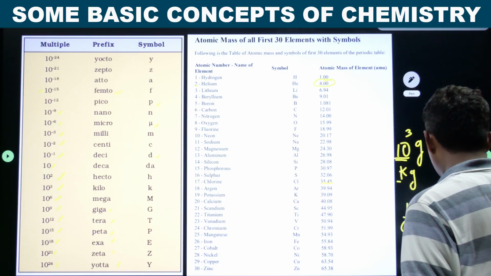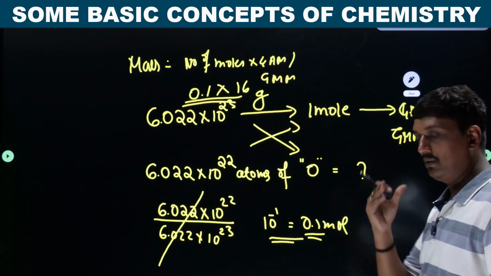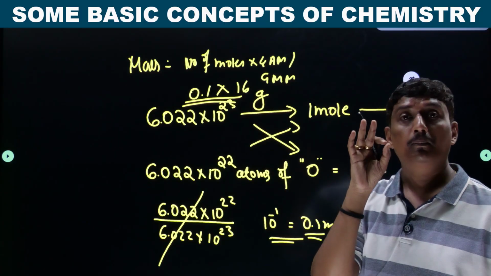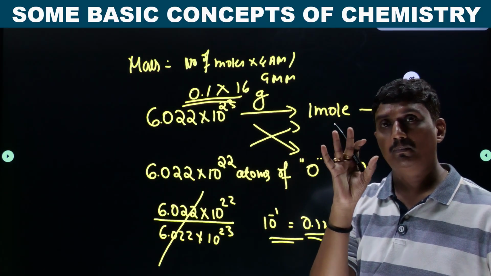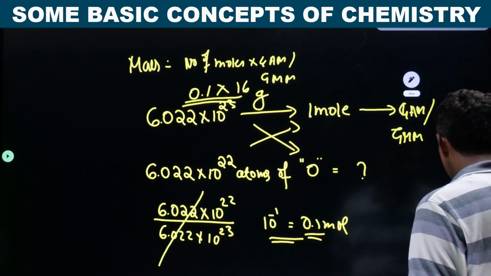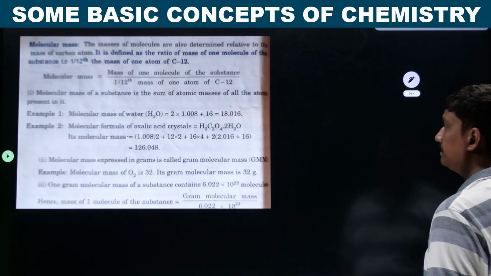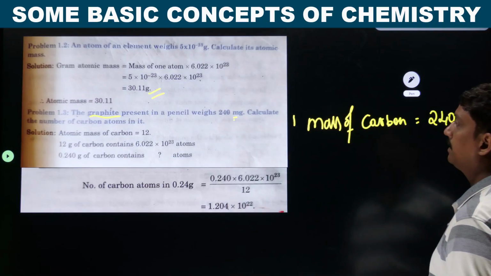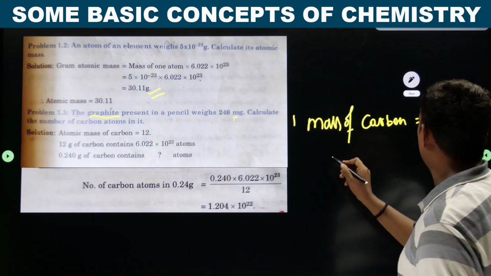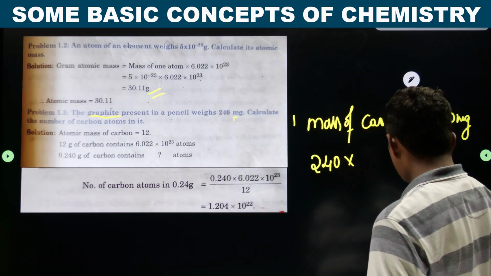So, in the place of milli, why I am showing that chart means repeatedly I am telling you, you should be familiar with prefixes, mass number, atomic number and formulas, what I taught you. Milli. Okay, 240 milligrams. 240. So, what is a milli?